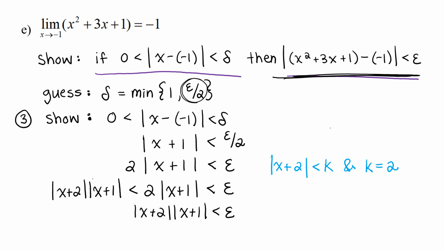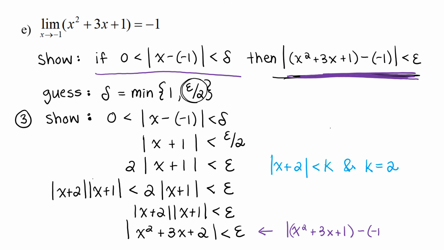And if we multiply that out, we get the absolute value of x squared plus 3x plus 2 is less than epsilon. And that's equivalent to the absolute value of x squared plus 3x plus 1 minus negative 1 is less than epsilon.